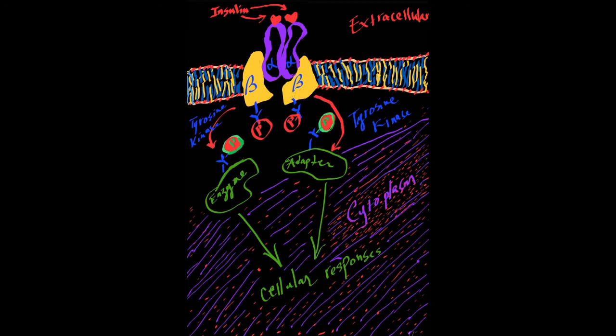Essentially, the activation of the tyrosine kinase activity of the receptor initiates a cascade of events that results in the cellular response. Say insulin is going to activate glycolysis or glycogenesis. That's how these cellular responses are initiated, by first activating the tyrosine kinase activity of the receptor.